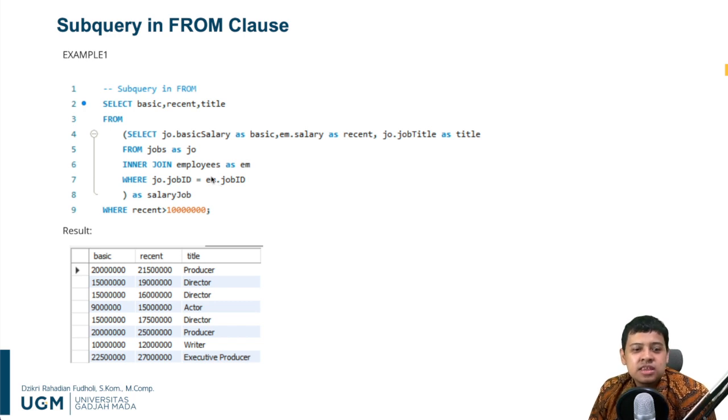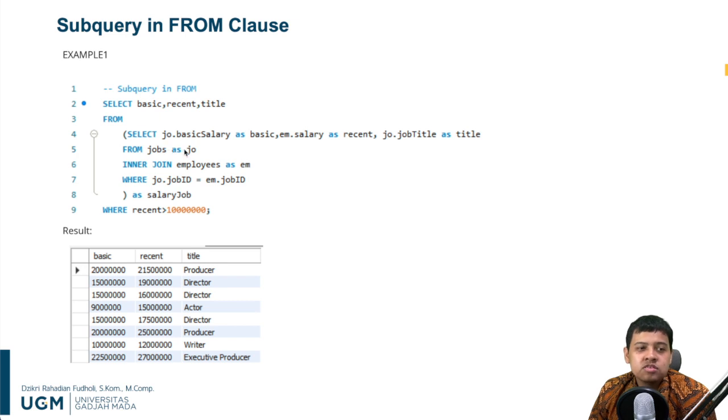Okay, the example: SELECT basic, reason, title. Basic is the basic salary, reason is the salary itself. From job.basic_salary, and we alias it as basic, em.salary as reason, the employee salary as reason, and then the job title as title.